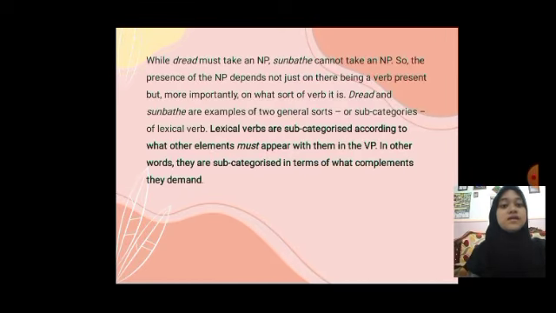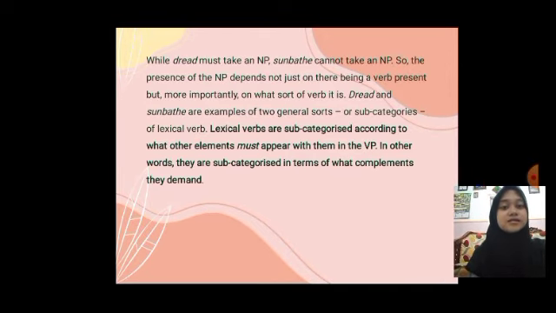While treat must take a noun phrase, sympathize cannot take a noun phrase, so the presence of the noun phrase depends not just on there being a verb present, but more importantly on what sort of verb it is.